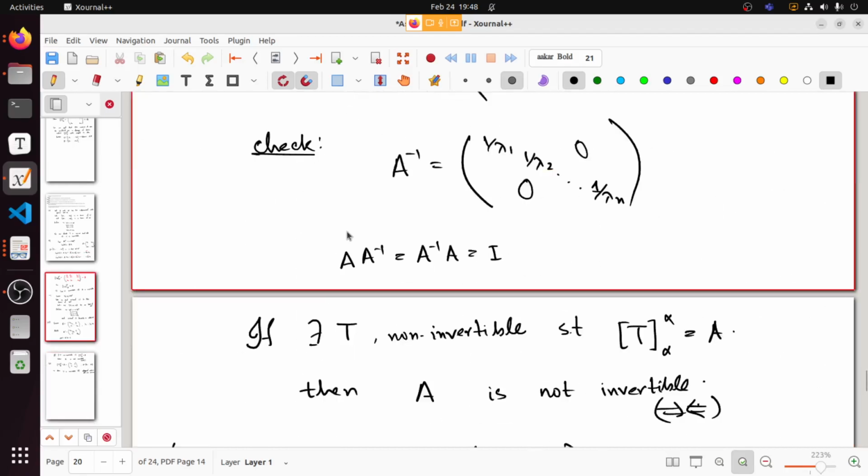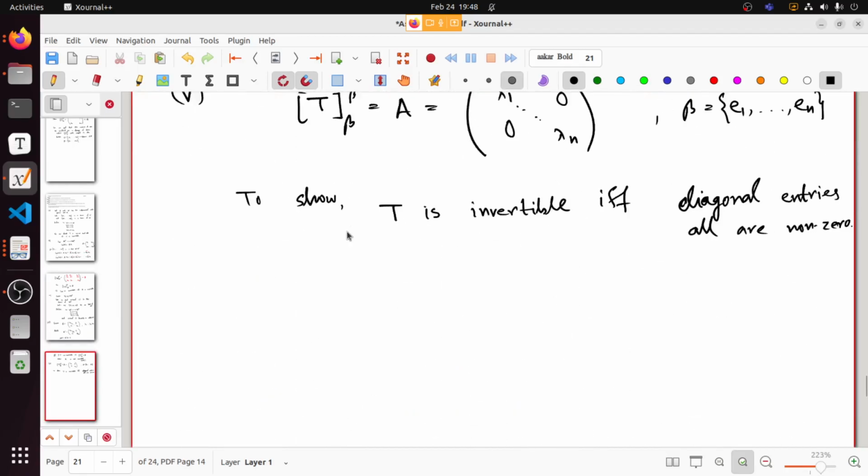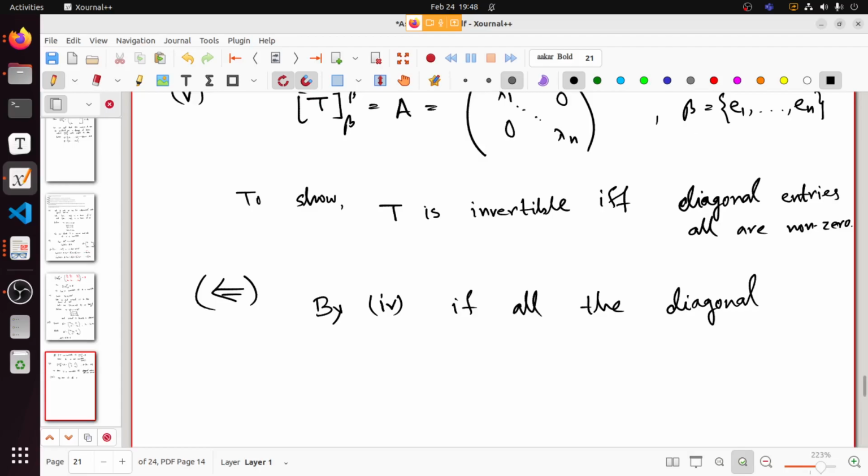So we have proved that if all the diagonal entries are non-zero, then A is invertible. This is the reverse direction, by option 4. If all the diagonal entries are non-zero, then T is invertible, meaning A is invertible, which is the same as T being invertible.